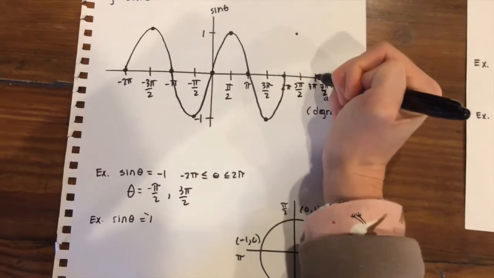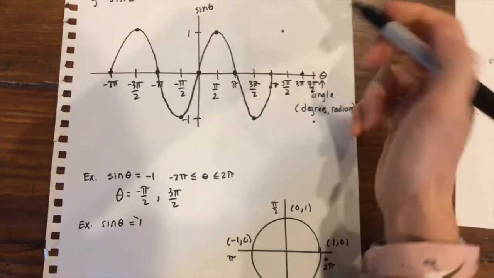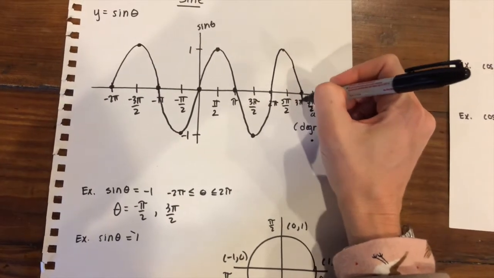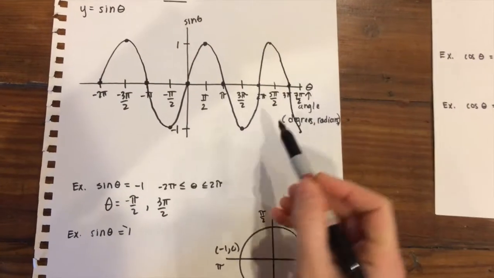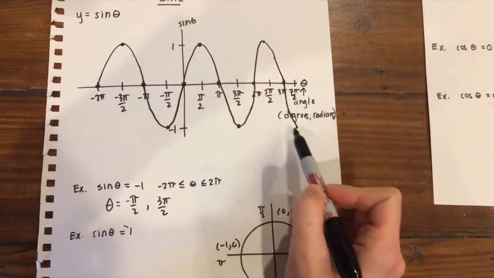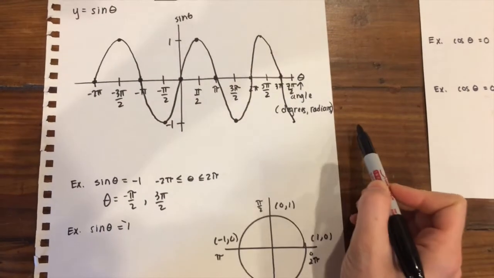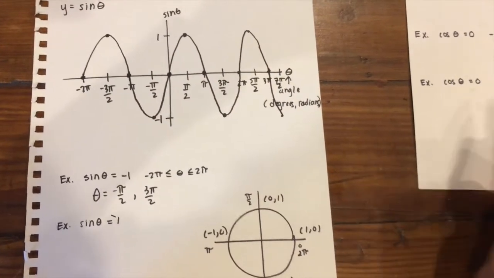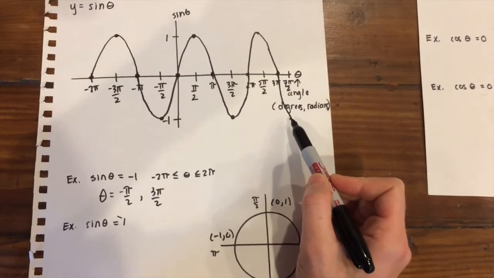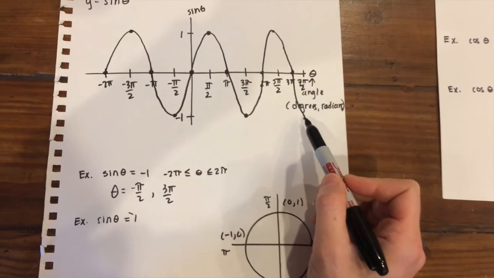So I go up to 1, down to 0, and then back down to negative 1. You could continue on like this forever. Imagine if you're at 3 pi over 2, I've got another answer here, another answer if I keep going. There's an infinite amount of angles that have a sine equaling negative 1.